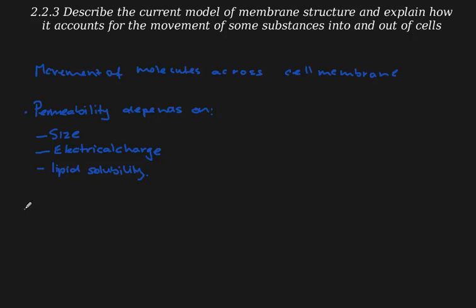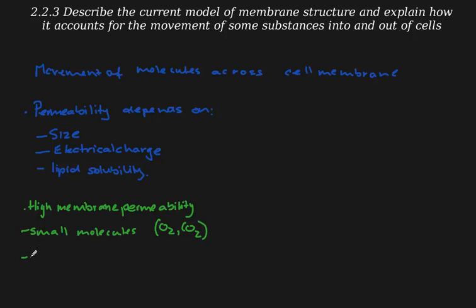So substances with high membrane permeability include small molecules, and these include our gases, so oxygen, carbon dioxide, move very, very well by diffusion across the cell membrane.